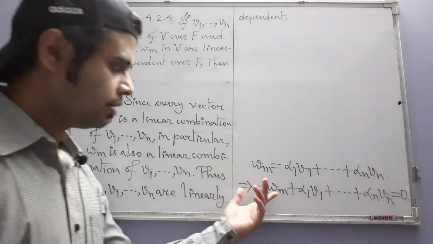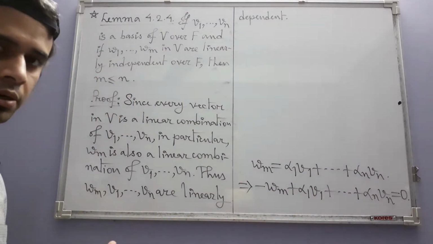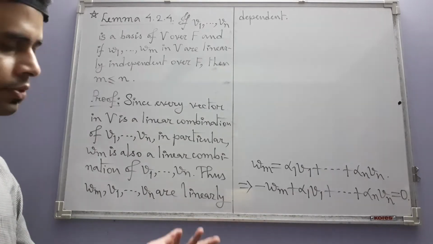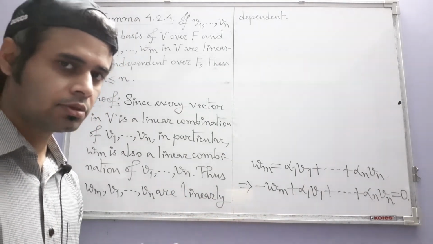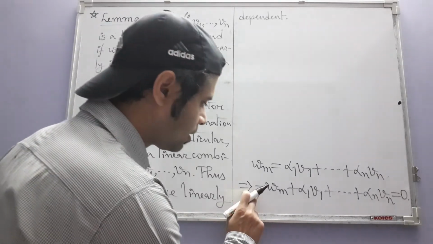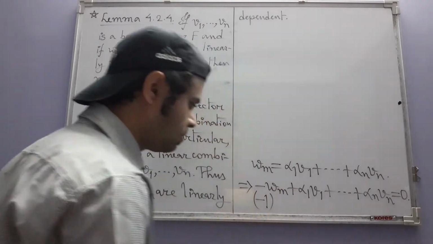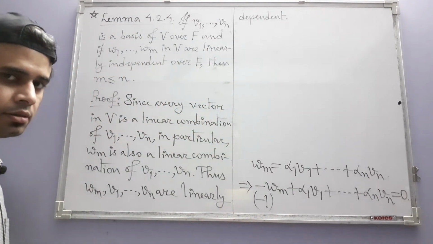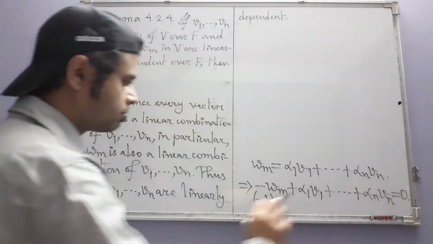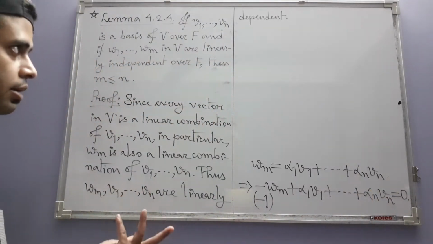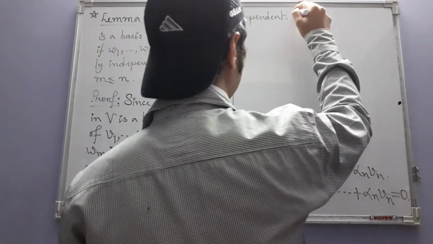That means a linear combination of these vectors, the Vi's along with Wm, is 0. And this is a non-trivial linear combination because all the coefficients are not 0. In particular, this coefficient, which is -1, is a non-zero scalar in the field. So this equation tells us that these vectors are linearly dependent.